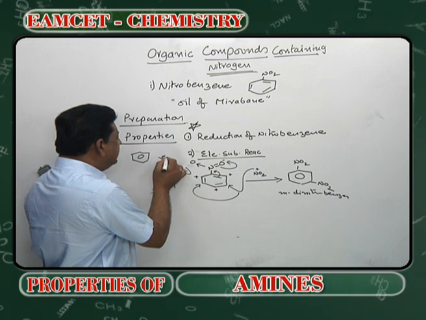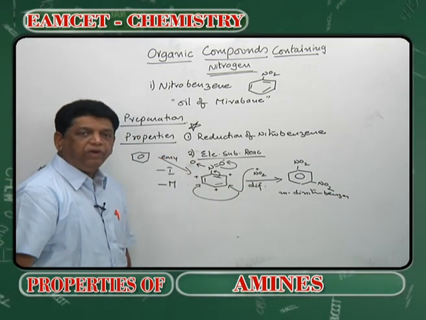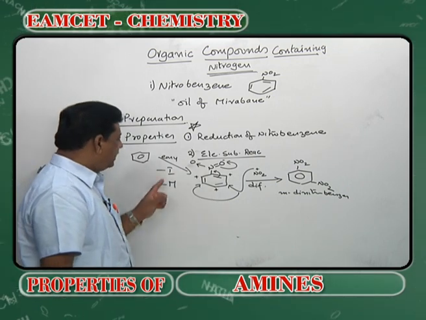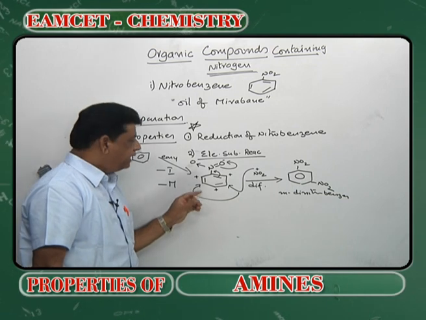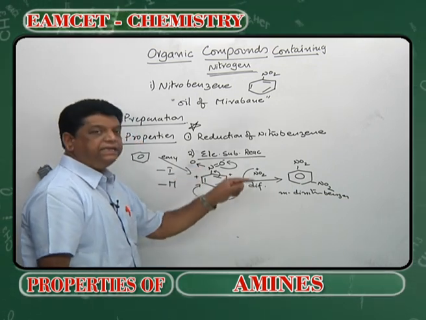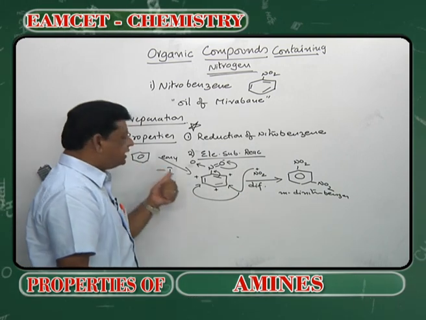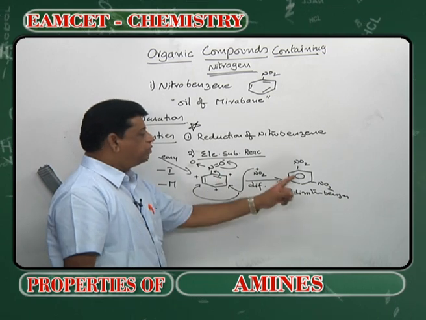This is a somewhat easier reaction when compared with that one. NO2 is a strong withdrawing group, therefore it deactivates the ring, therefore the rate of nitration of nitrobenzene is slower when compared with the nitration of benzene. And where it goes, it goes to the meta position.